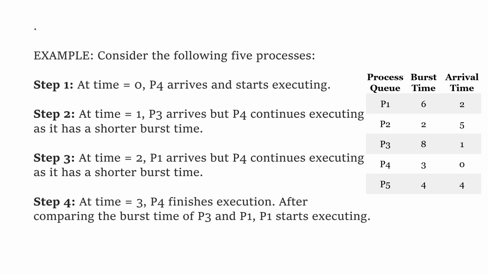This is explained with an example where we have processes P1 to P5, whose burst time and arrival time are given here. At time 0, P4 arrives and it starts executing, and at time 1, P3 arrives but P4 continues executing as P4 has the shorter burst time.